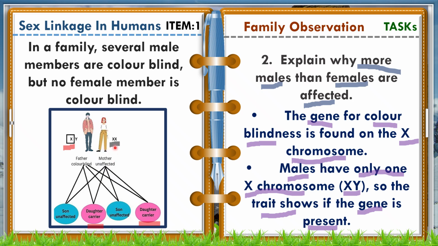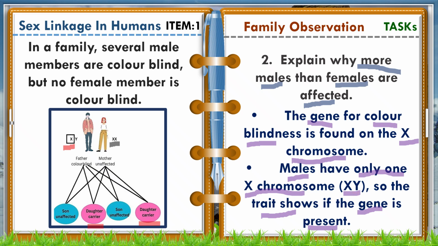And if that X is affected, then the boys will have color blindness because they have only one X and one Y. So if the X has the color blindness gene, that gene is going to express itself because there is no other X chromosome that can suppress it. That's why we say the males have only one X chromosome. So their combination is XY.